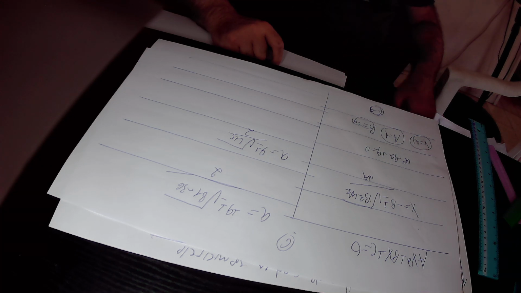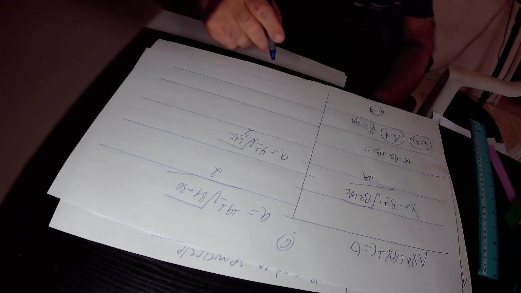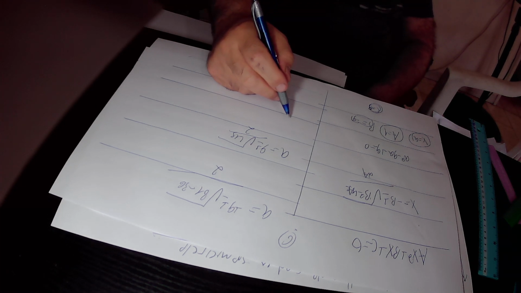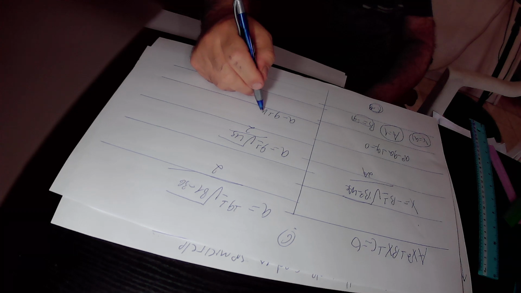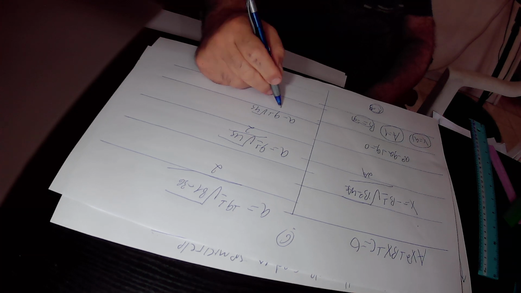So here we have two possible solutions for a. The first solution is that a equals 9 plus the square root of 45 over 2.